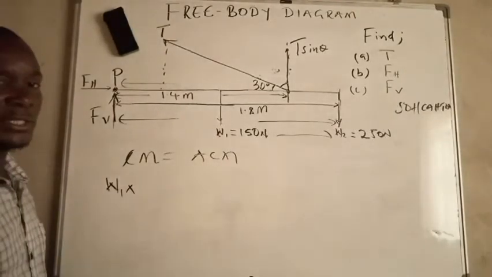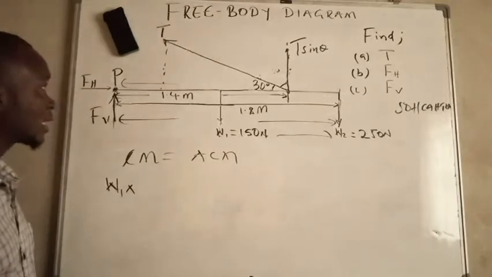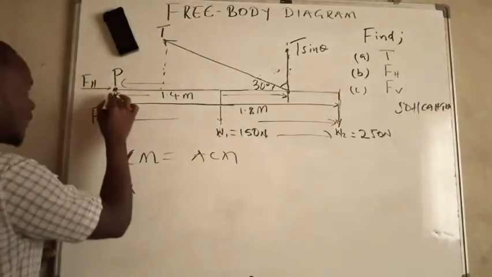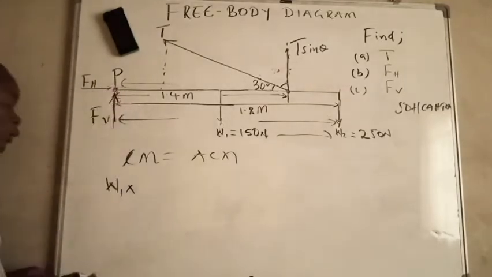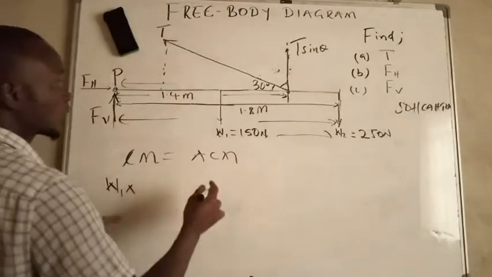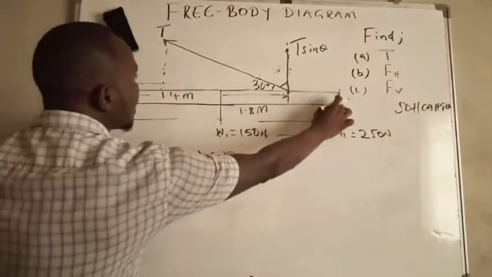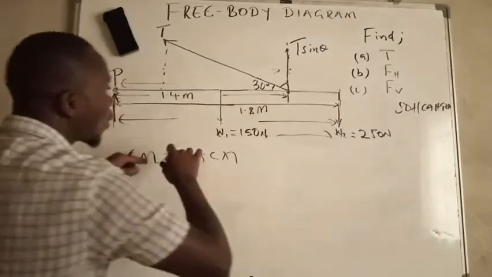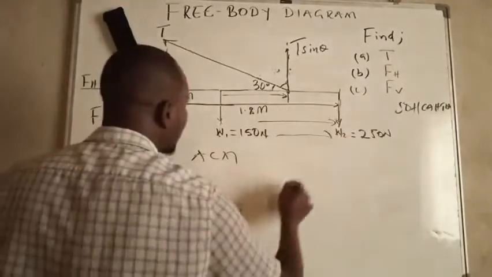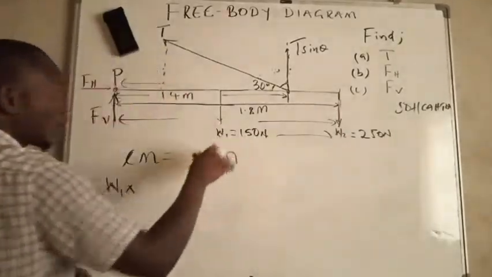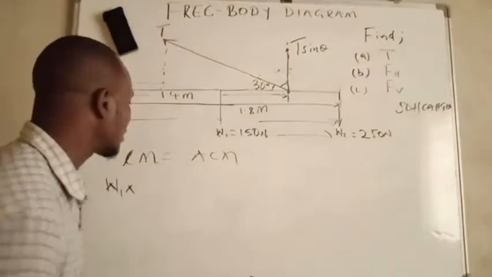So the line of action that we're going to consider here is this one. The distance that we're going to consider is the total length of the beam. Then we simply divide by 2 because the weight is concentrated right in the middle.